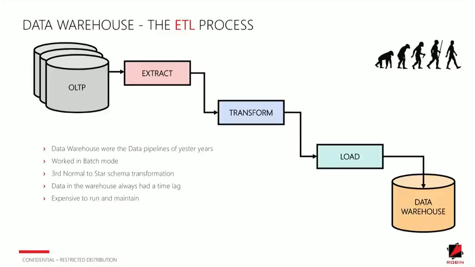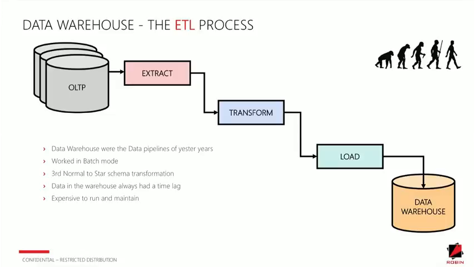If you think about the evolution of the data pipeline, we are talking about the data warehouse and batch processing. Getting data from an OLTP environment through the extract, transform, and load process into a data warehouse was the original data pipeline. It needed you to convert the data from third normal form, the relational form, into, more often, a star schema, where you have fact and dimension tables.